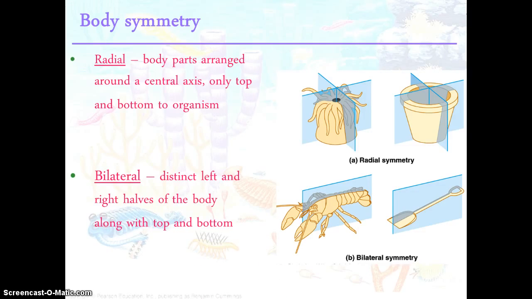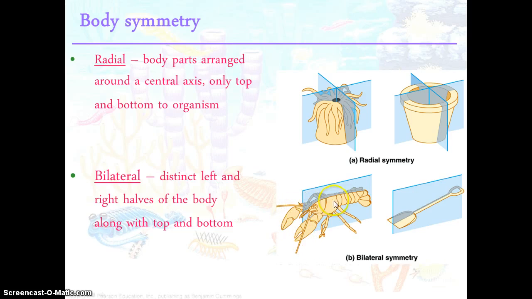Another type of symmetry would be radial symmetry. Okay, in radial symmetry, you have body parts that are aligned along a central axis. And if you look at the picture over here on the right, you can see this central axis, and you can see that their body parts coordinate along a central axis. Okay, you have bilateral symmetry, which is what we are more familiar with, where there's a left side and a right side, or two halves of the body that can be split apart.